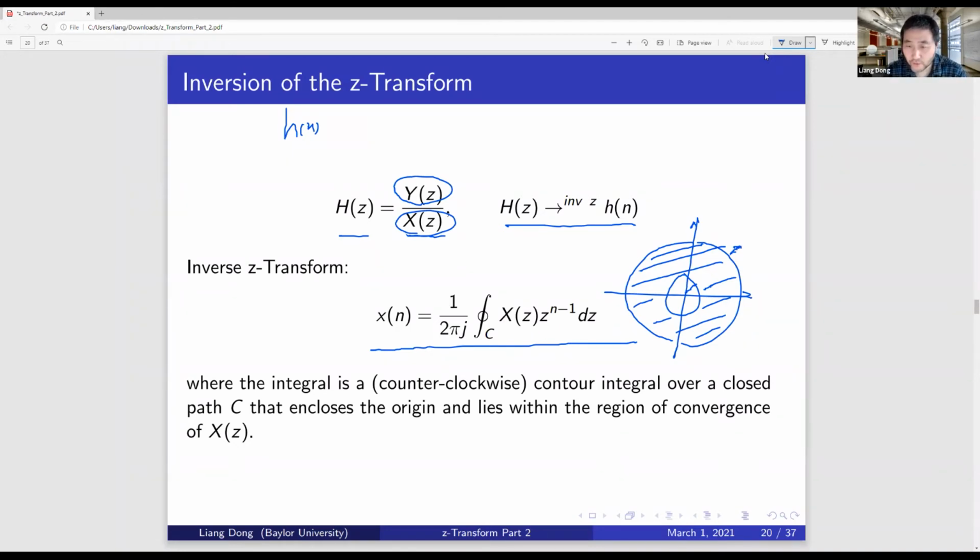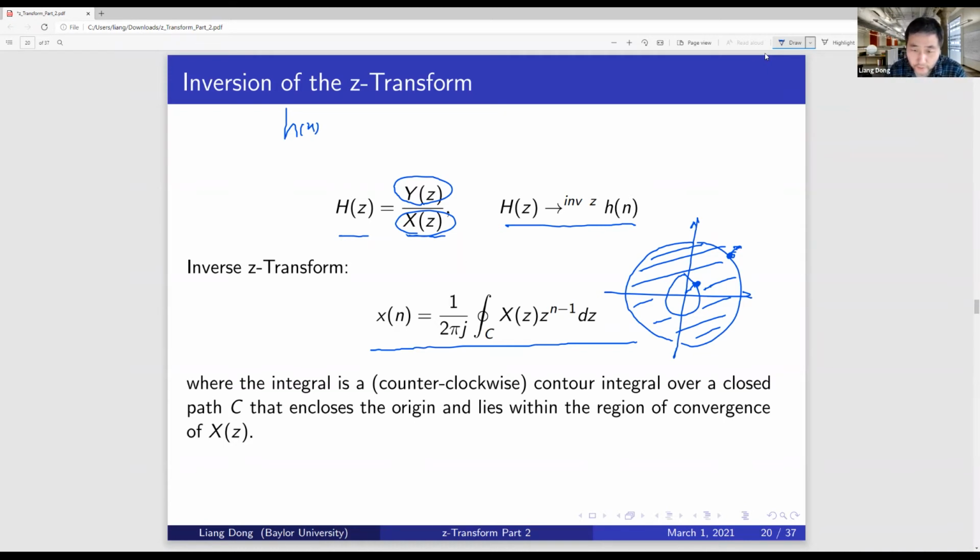And if the radius of one point is larger than the radius of the other, then the region of convergence becomes an empty set. I cannot draw that, right? But in general, it looks like that.